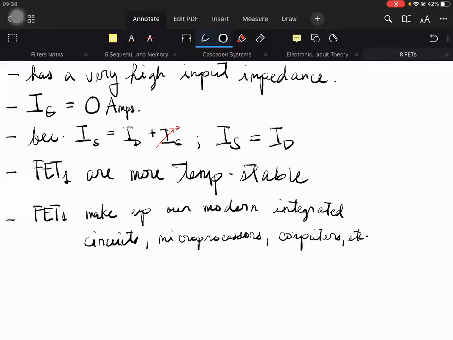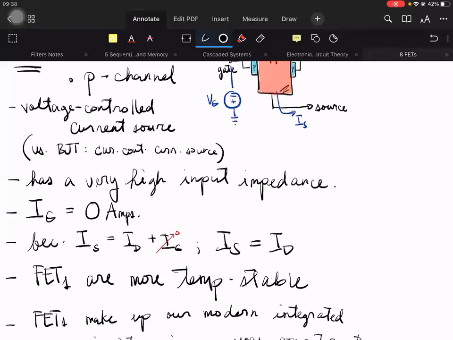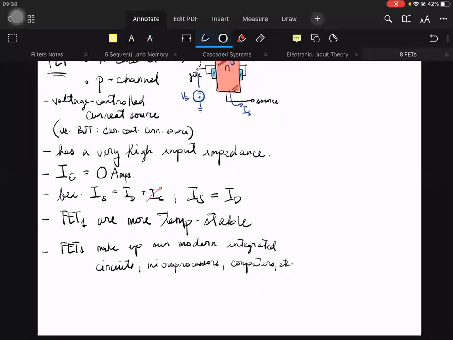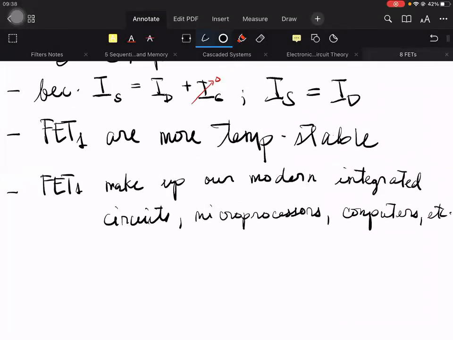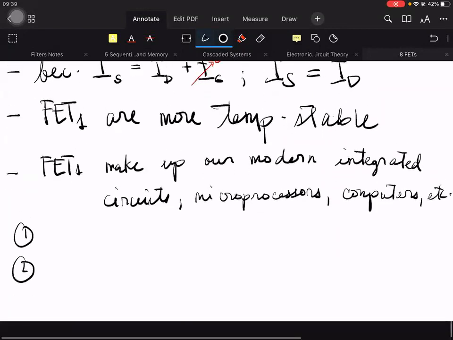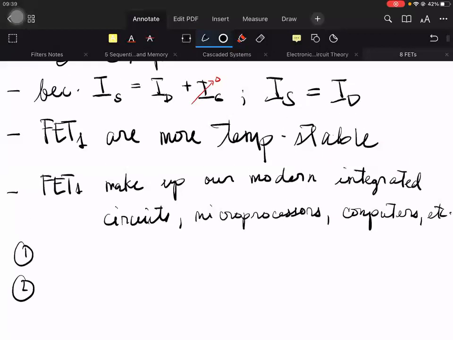Okay? So, what else pa ba? Something that I missed. There are three major classifications of FETs. So we have the JFET or junction FET.